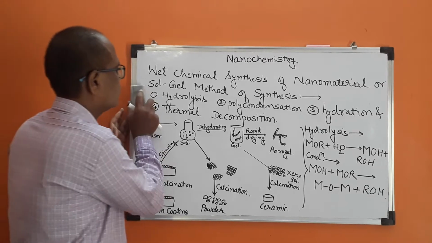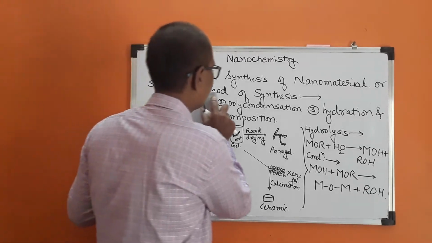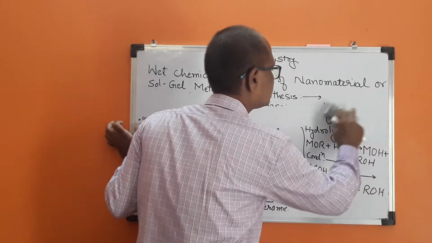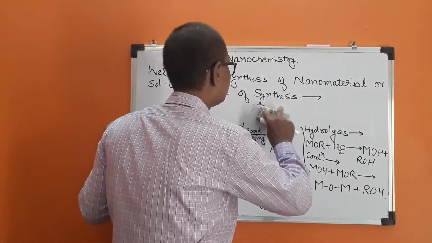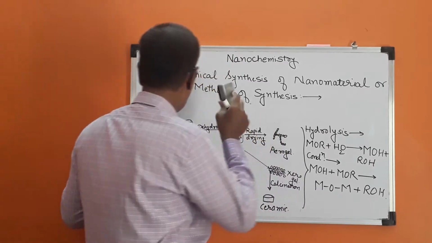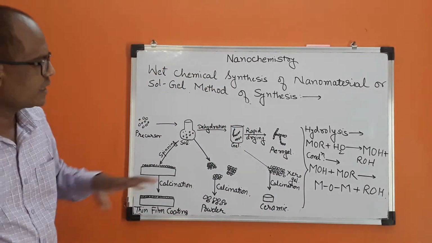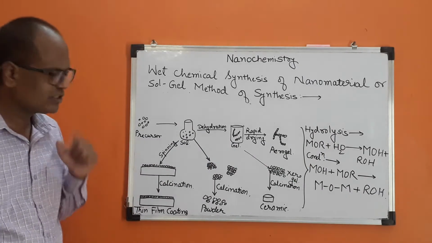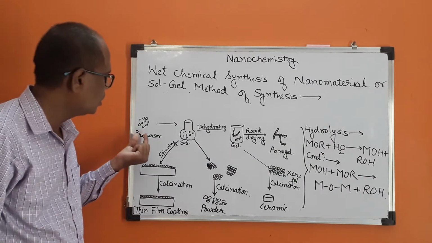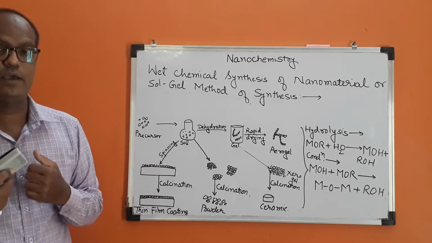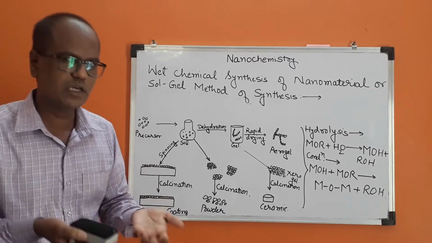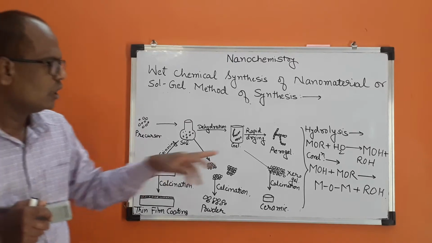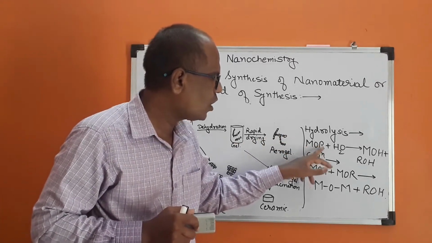Now let me remove this so that we can get the space. Now how to prepare nanomaterial, that I have represented in a diagrammatic manner. First of all, we have to take a precursor. What is a precursor? In this case, the precursor is nothing but metal alkoxide.